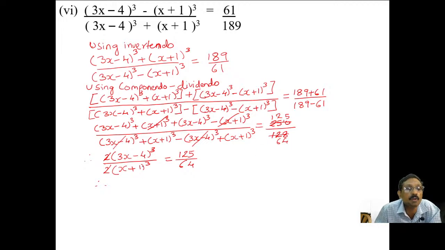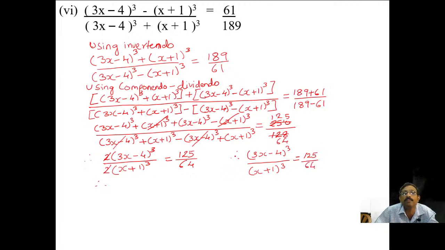I get (3x minus 4) cube upon (x plus 1) cube, which is equal to 125 upon 64. Now carefully look at this.